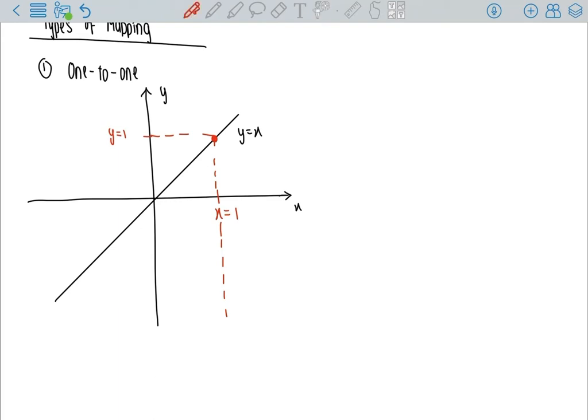If we continue to extend our x equals 1 or our y equals 1, we can see that it will not touch another part of the graph anymore. So therefore, we can conclude that one input has only one output in one-to-one mapping.